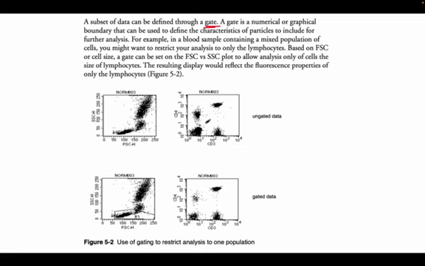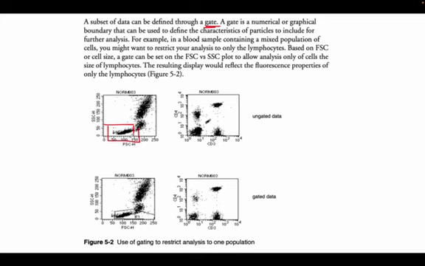Through FSC and SSC I'm able to separate the different kinds of cells present in my sample, but I am specifically interested in what these cells are doing. Then I can define a boundary within the software itself, which tells me that I only want to look at these cells, and so we would get fluorescence properties only of these cells.